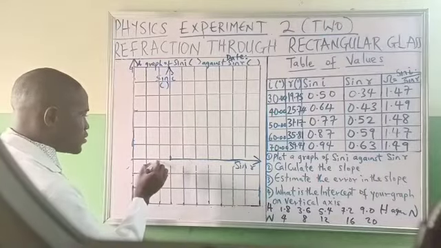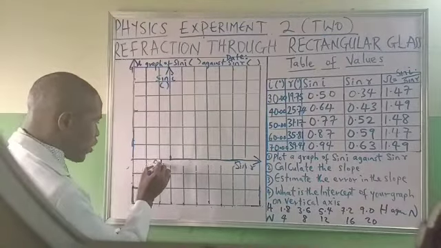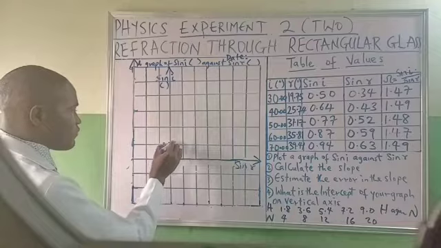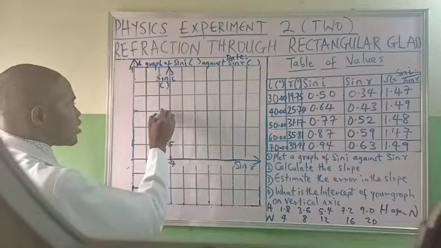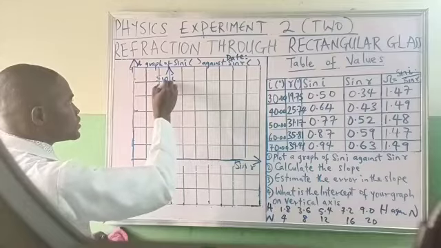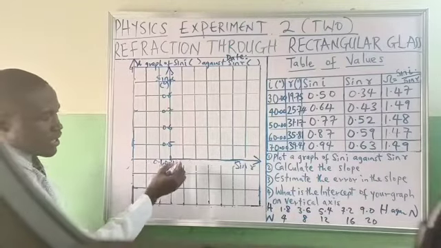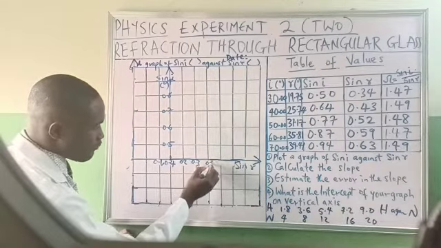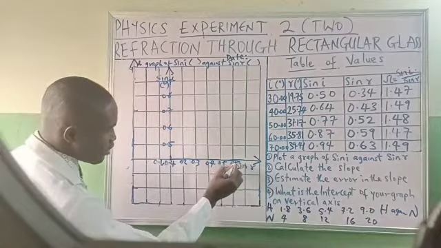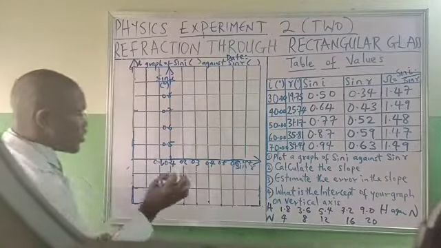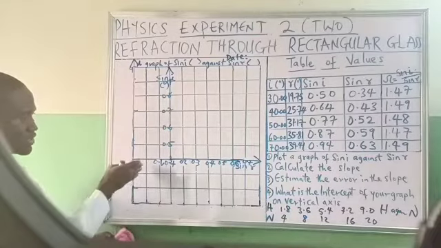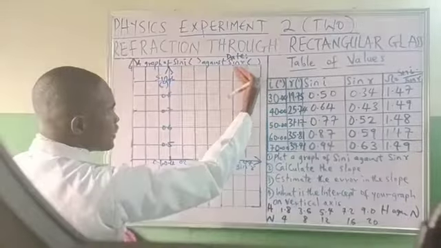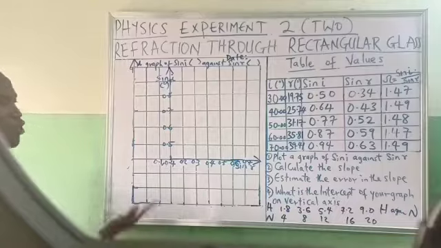Here to be 0, here to be 0.1, then 0.4, 0.5, 0.6, 0.7, 0.8, 0.9. Then here to be 0.2, 0.3, 0.4, 0.5, 0.6, 0.7. You now see that small space is left here and small space is left here, meaning that this portion of the graph will be well accommodated. You can have it this way.